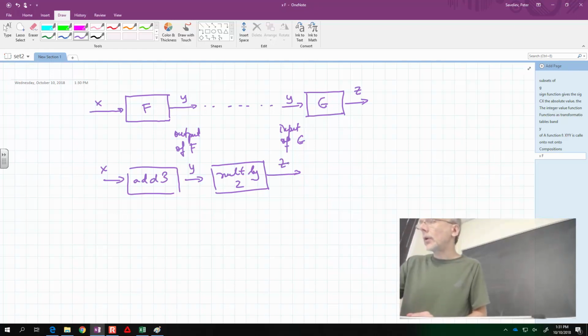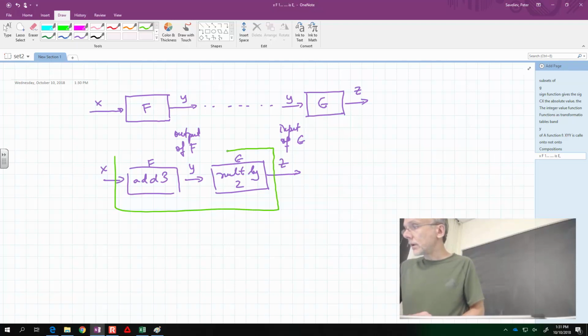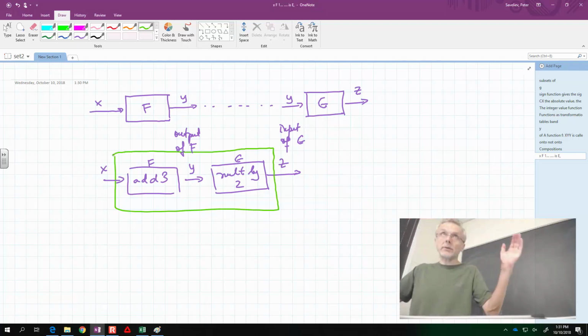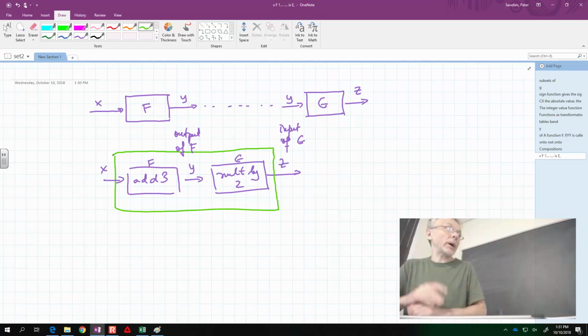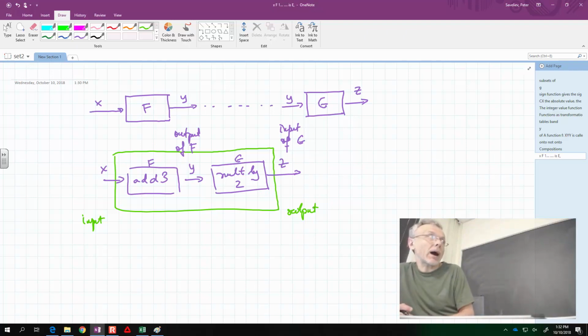To emphasize this idea, this is f, this is g, and with the composition we create a bigger black box. We have two black boxes wired together consecutively, and we might think of it as only one box, where the input is x, the output is z, and y has disappeared. We might not care how the computation is carried out. All we care about is that x is the input and z is the output.